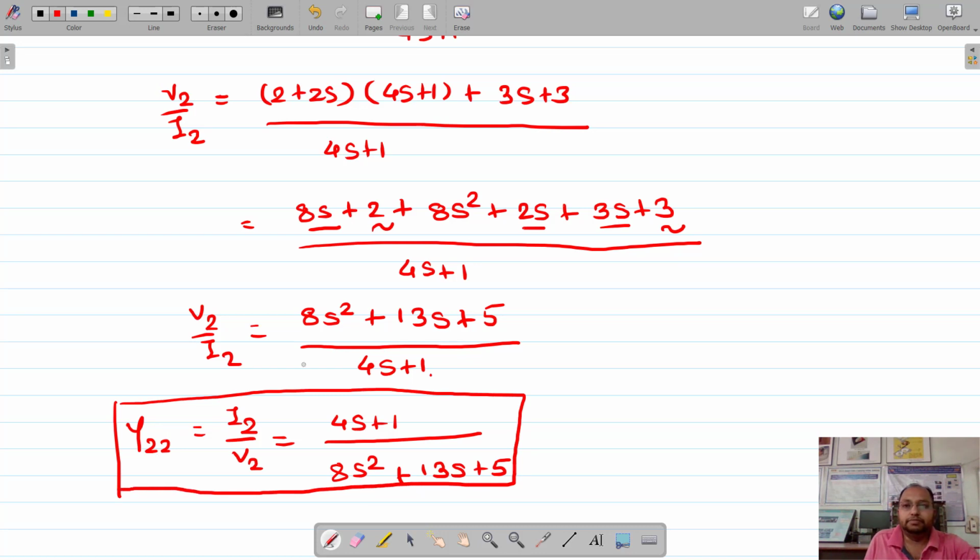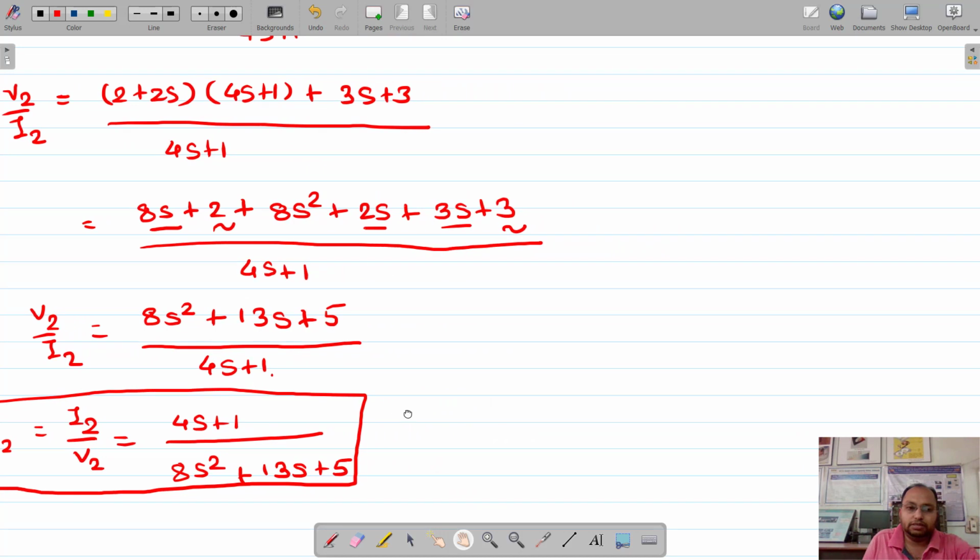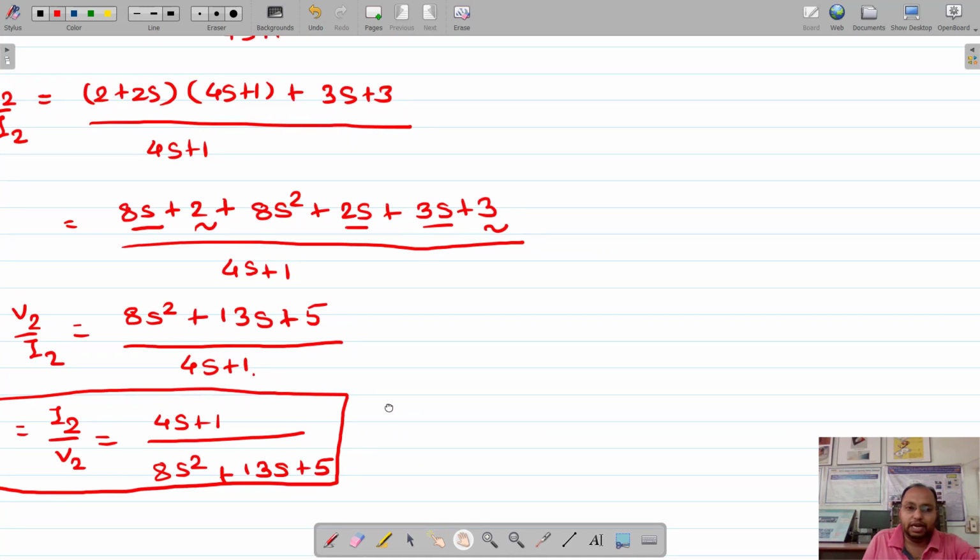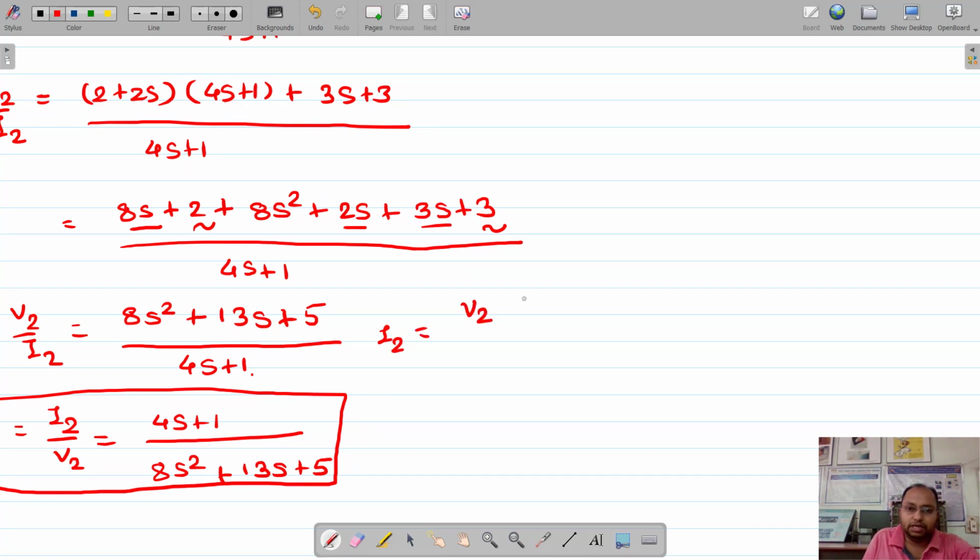So this is nothing but our third parameter. Is that fine? Great. Now let us go for finding out y21. Is that fine? Okay, so for that we need to find out I2 in such a way that it must have the V2 term. Okay, so let us transfer this V2 to this side and we'll write I2.